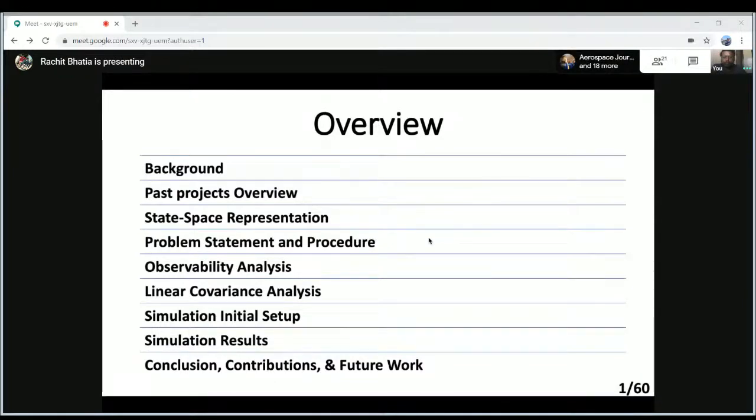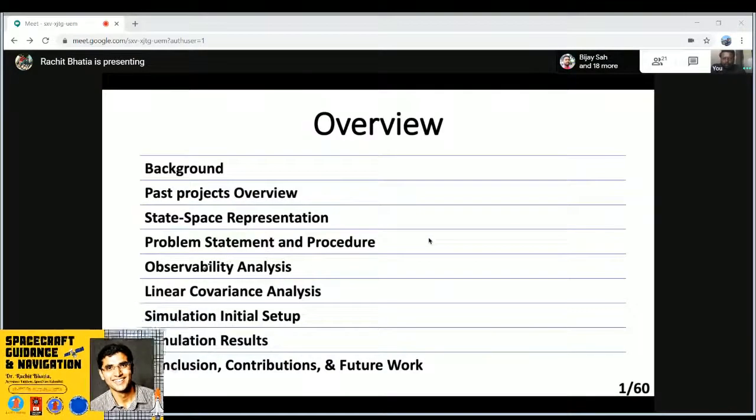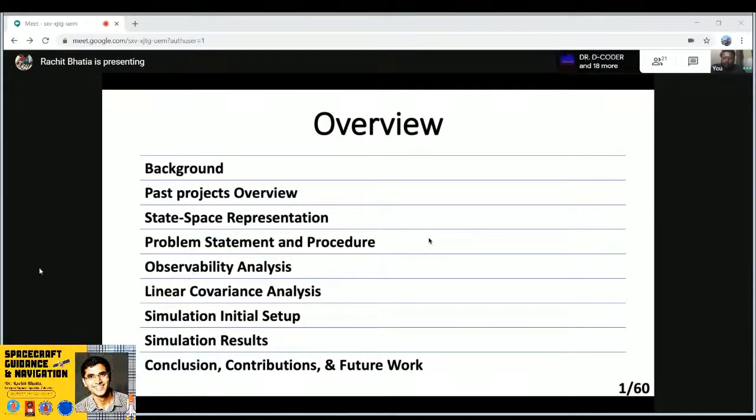I'll go over my background and then some past projects. The idea for today's presentation is to introduce how to approach a problem, and also to help you understand some of the mathematical tools that I used for my PhD project.